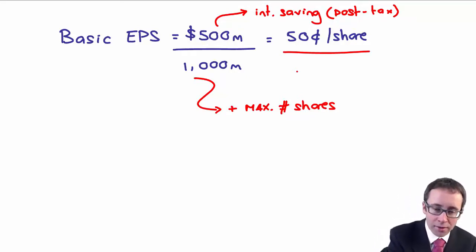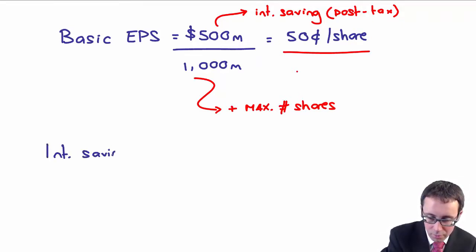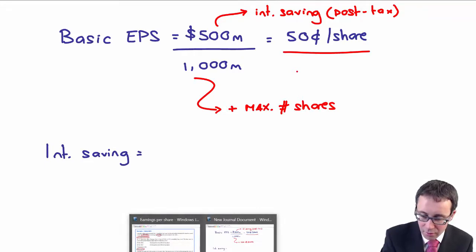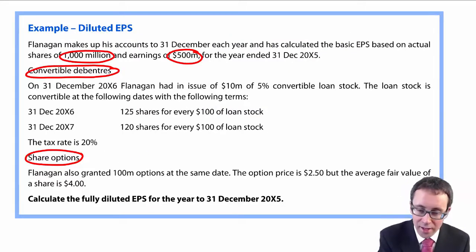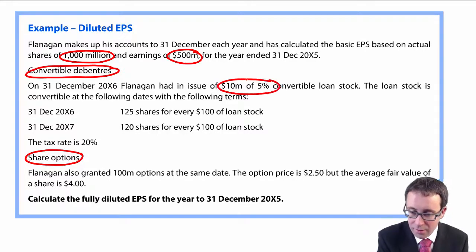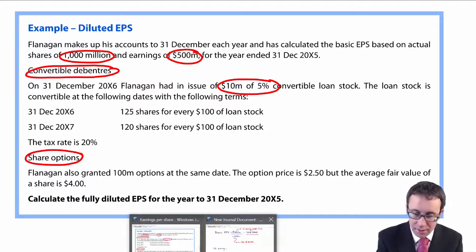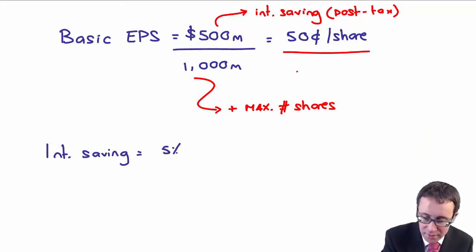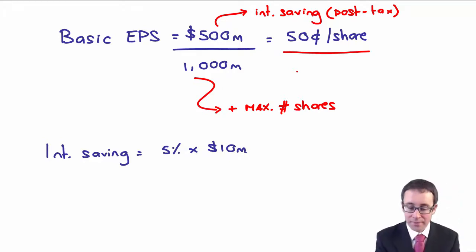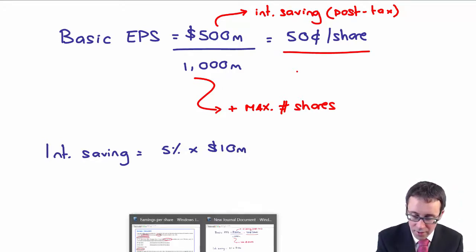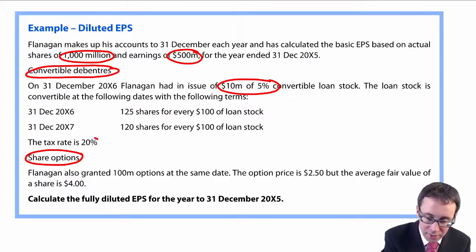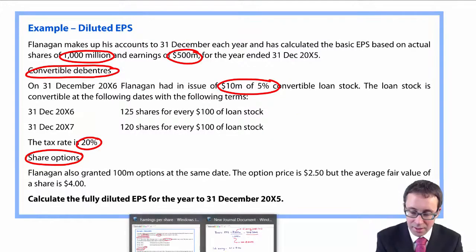So what have we got to work out your interest saving? We have in issue $10 million of 5% convertible loan stock. The coupon rate is 5%, the loan stock is $10 million, and the tax rate is 20%.